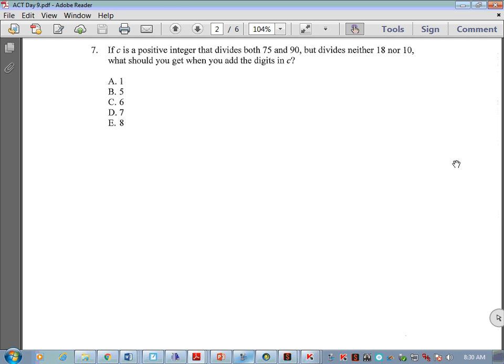Okay, will 15 go into 90? Okay, but we don't want 15 to go into 18 or 10. Will 15 go into 18? No. Okay, and obviously it won't go into 10. So we know that 15 will work for this. Okay, what do I get whenever I add up the digits in 15? What's 1 plus 5? 6.